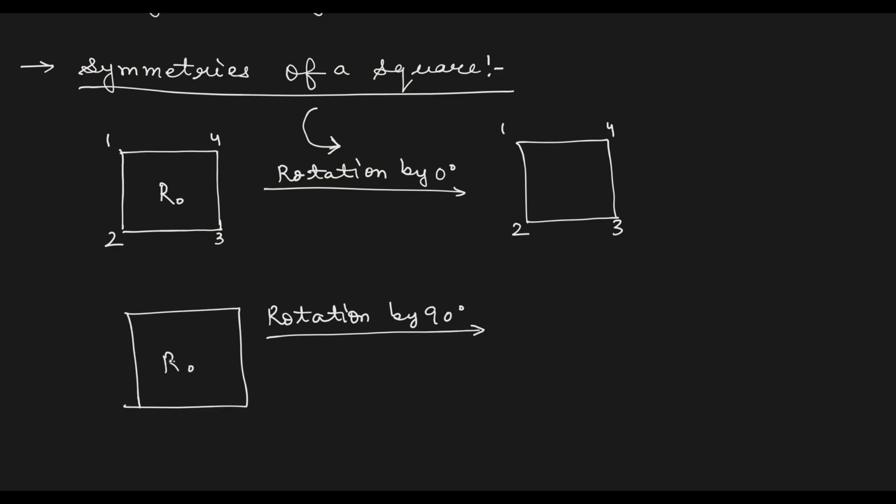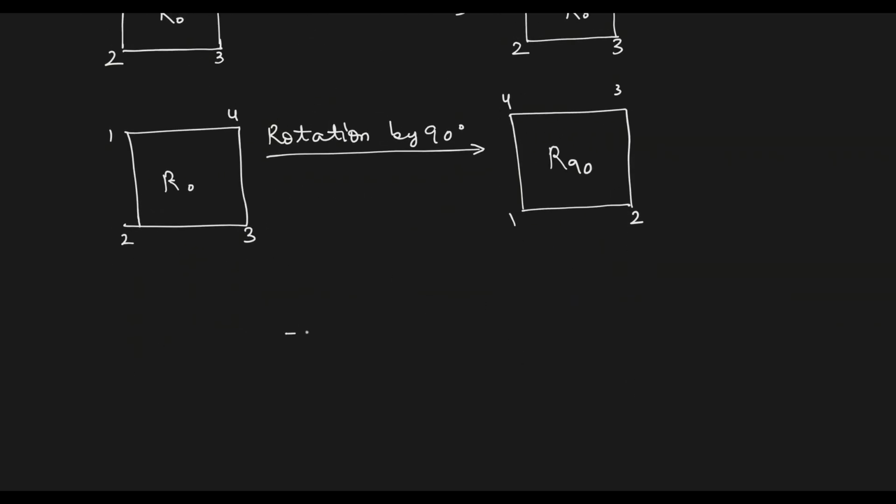So R0 is given 1, 2, 3, 4. So on rotation we will get R90 as 1, 2, 3, 4.